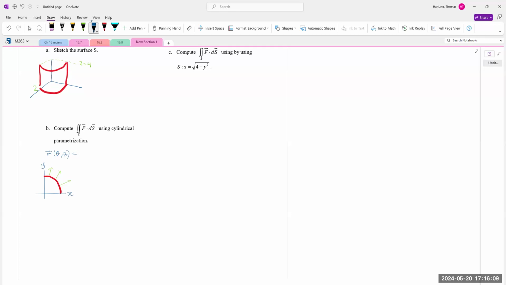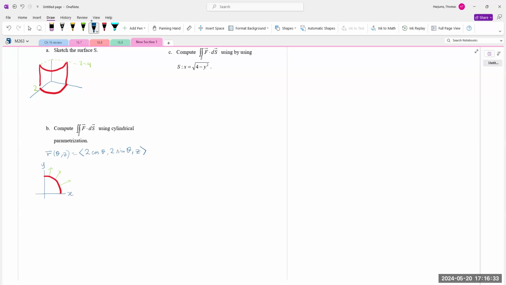So the normal vector is basically equal to r, but the radius is 2. So this is 2 cosine theta, 2 sine theta, z.